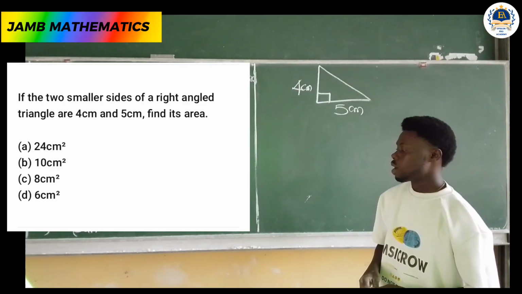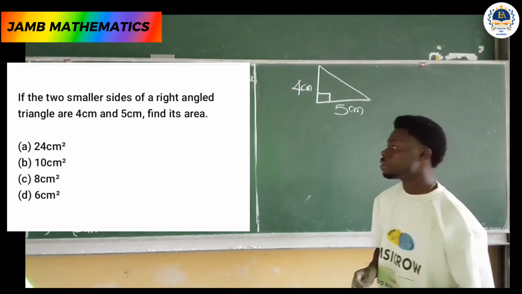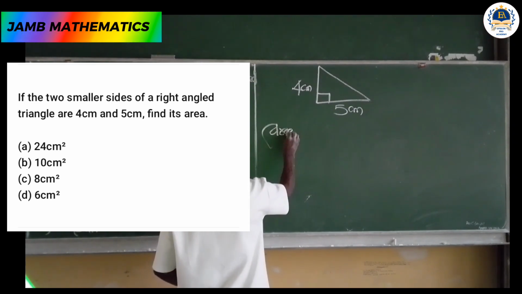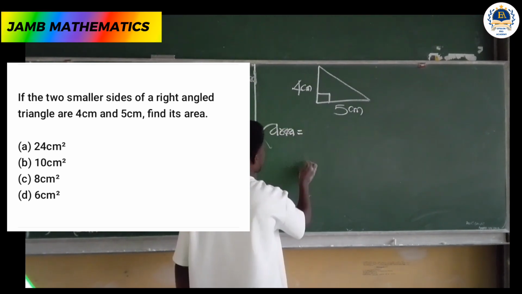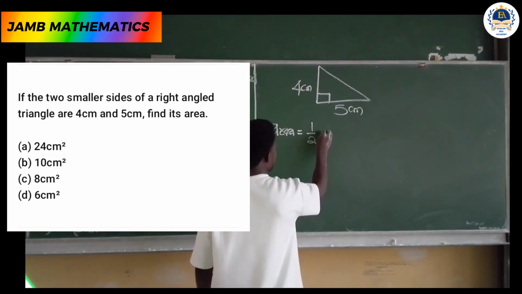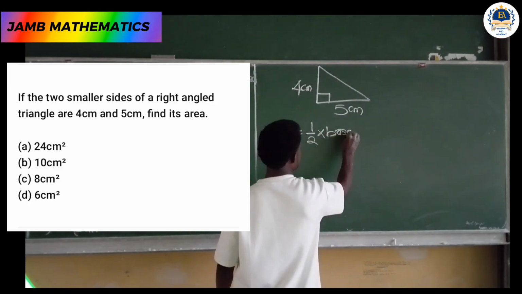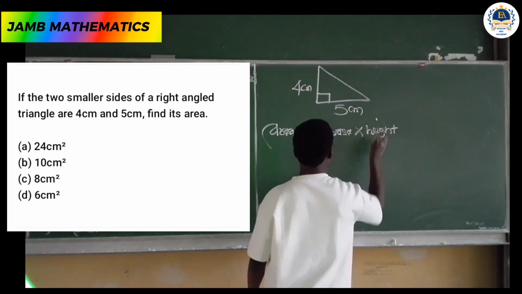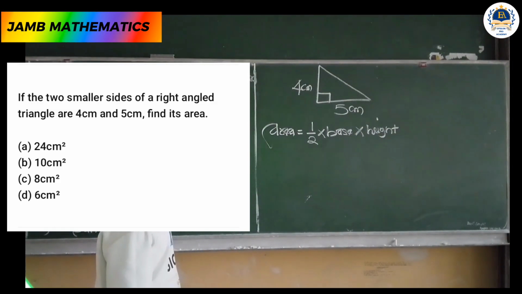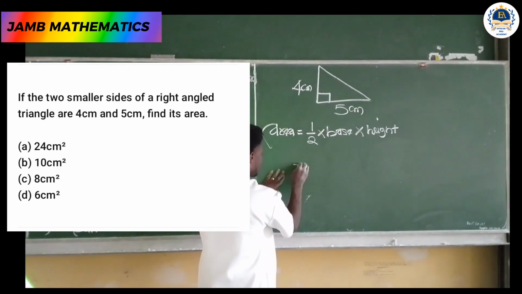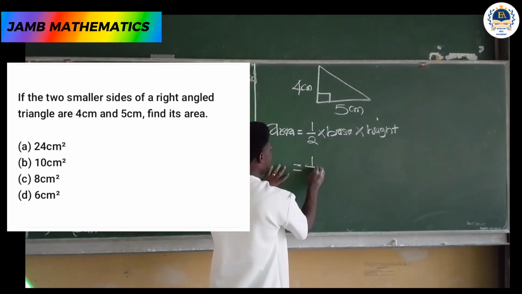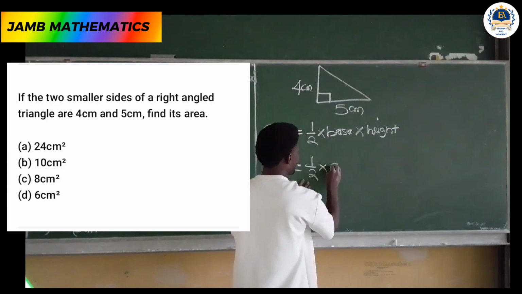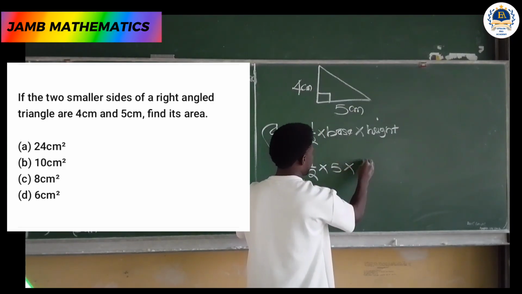At this point, we are required to determine the area. Area of a triangle is equal to a half times base times height. Half base times height is equal to 1/2 times the base, which is 5, and the height, which is 4.